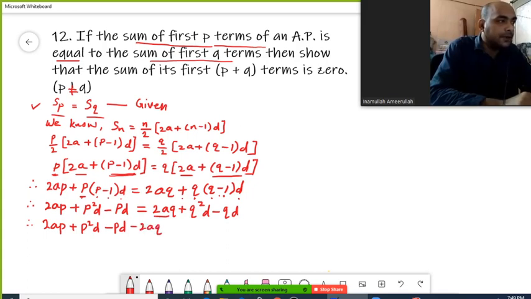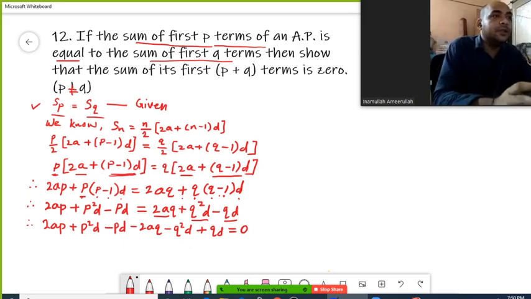Am I correct? This is plus q square d, and when you bring it to the left hand side, it will become minus q square d. This is minus qd, so when you bring it to the left hand side, it will become plus qd is equal to 0, because nothing is left on the right hand side. We brought everything from the right hand side to the left hand side. So you will get this expression.